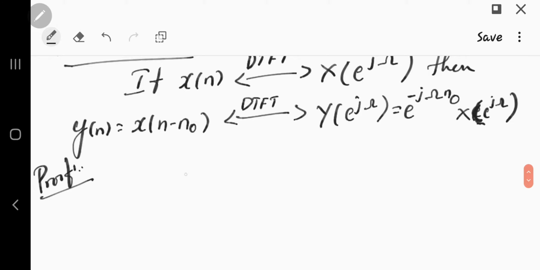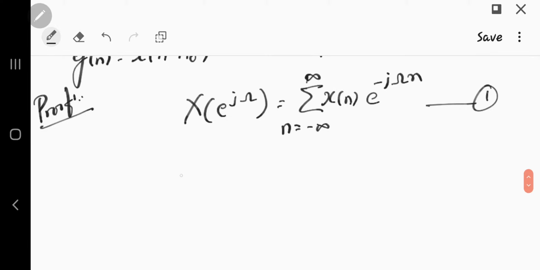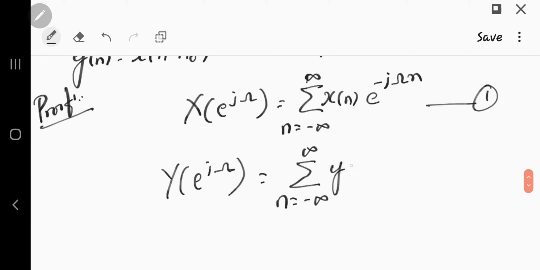So let's start with the proof here. X of e power j omega is equal to summation n equals minus infinity to plus infinity x of n e power minus j omega n. So we call this equation 1 here. Similarly, Y of e power j omega is equal to summation n equals minus infinity to plus infinity y of n e power minus j omega n.